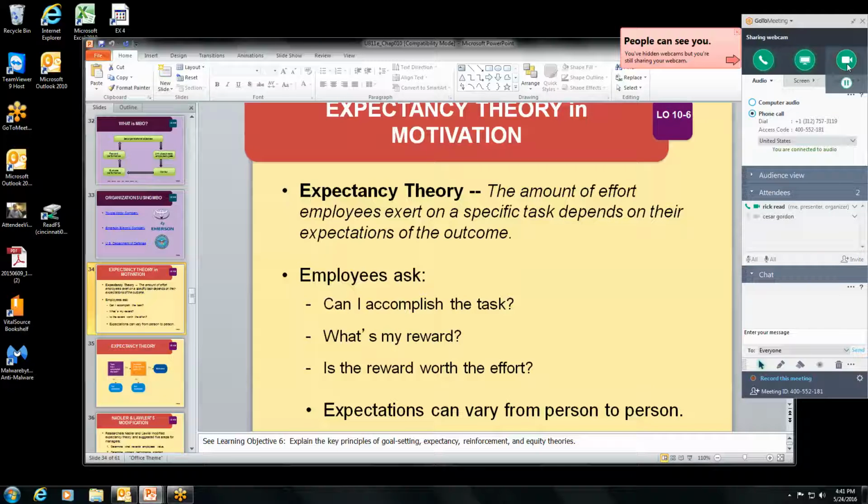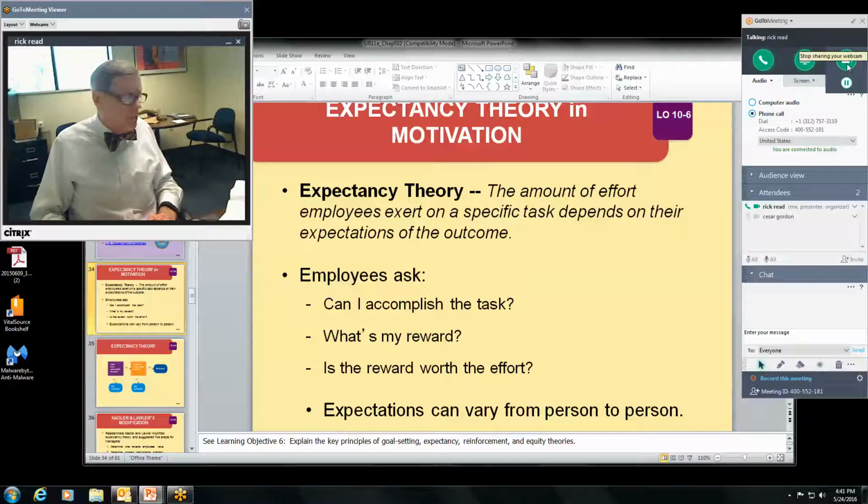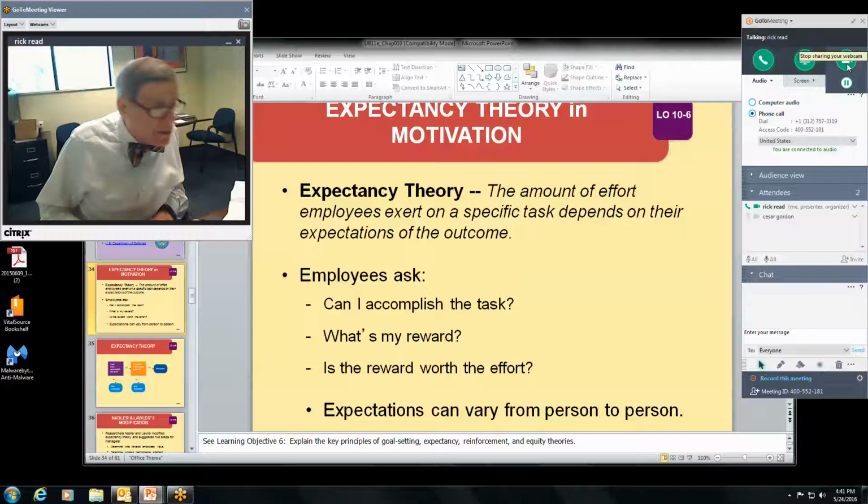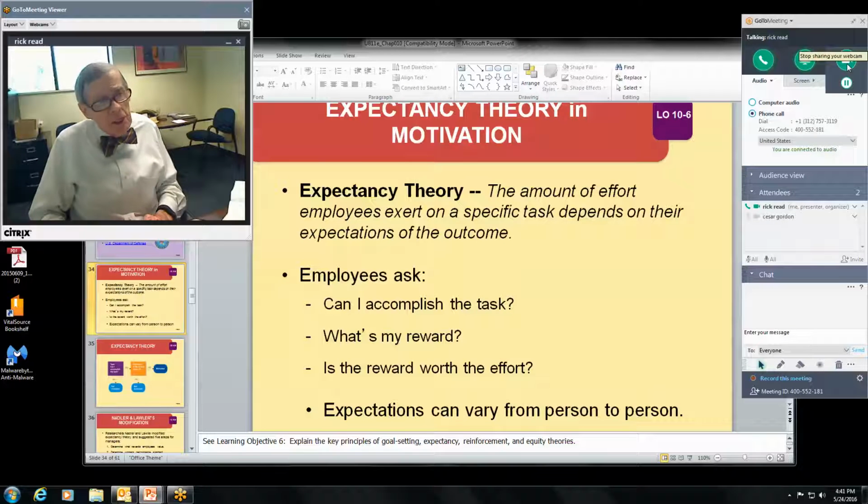This is a theory mostly postulated by a gentleman by the name of Victor Vroom. It's talked about and depicted at the top of page 281 in figure 10.6. And notice what goes here. The employee asks a series of questions.